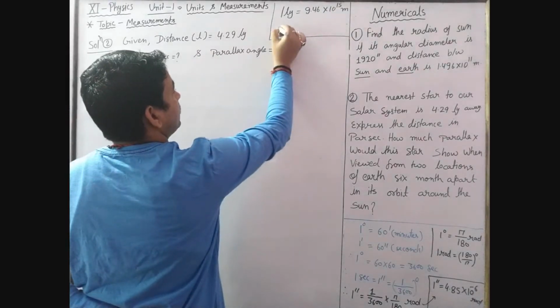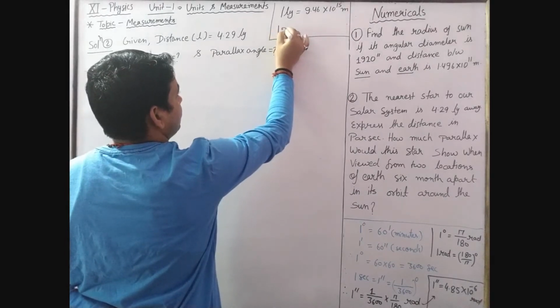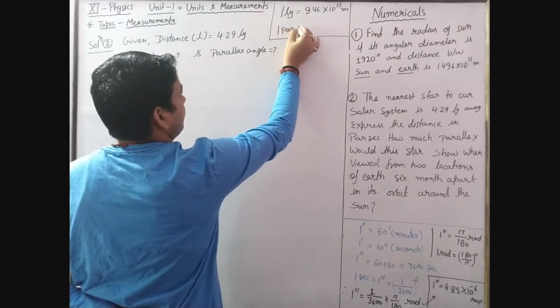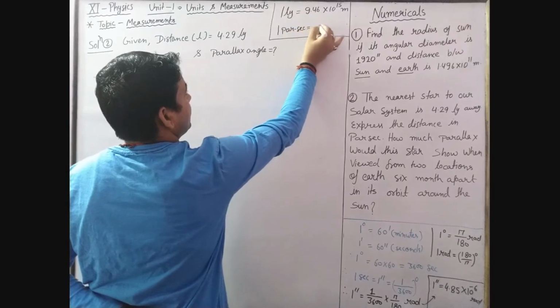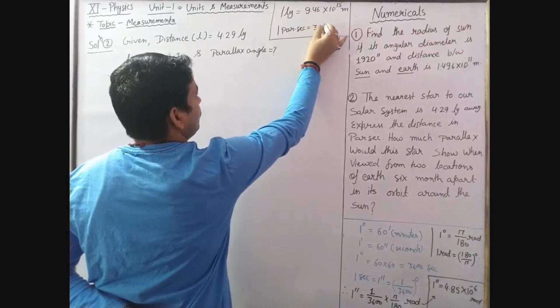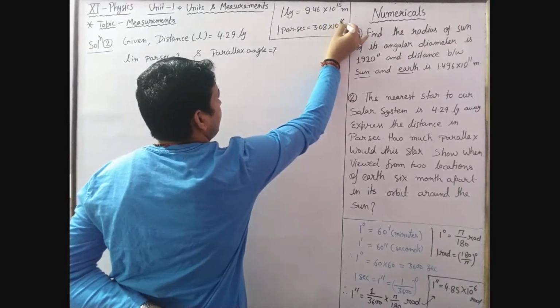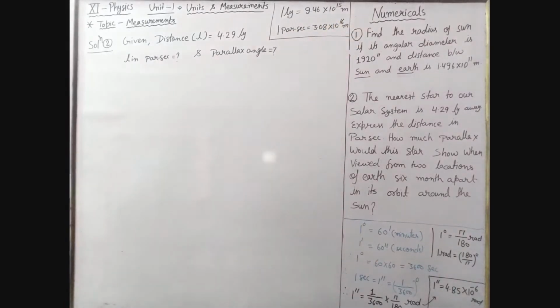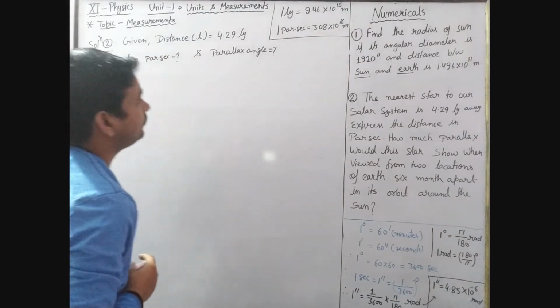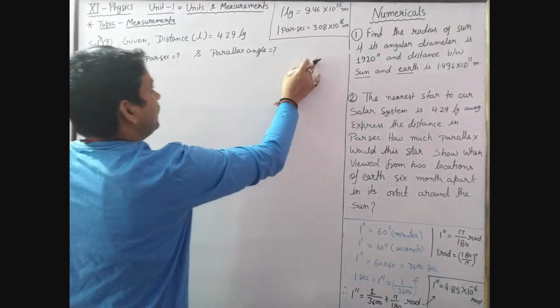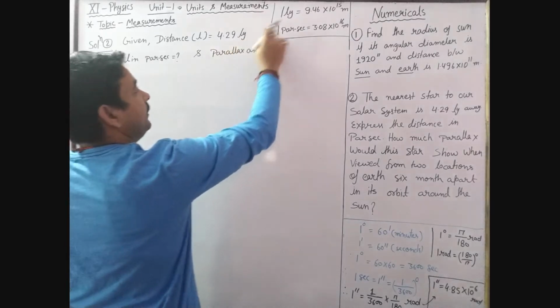And 1 parsec is equal to 3.08 into 10 to the power 16 meter. These are the two values. Okay, so first we need to calculate this distance in the light year.